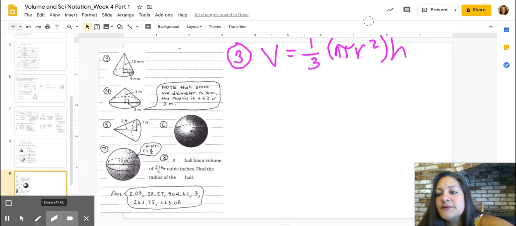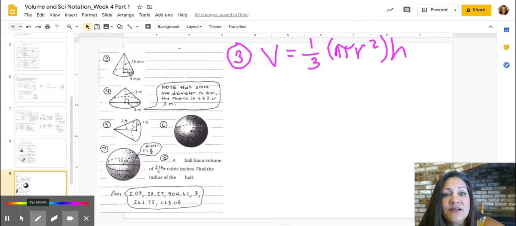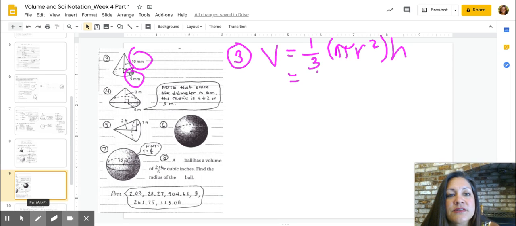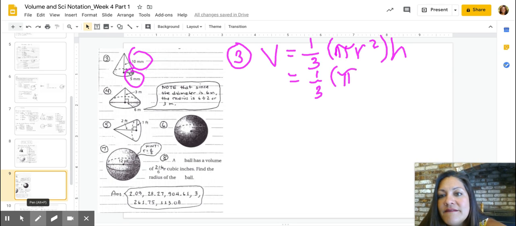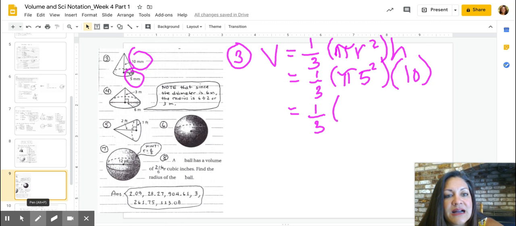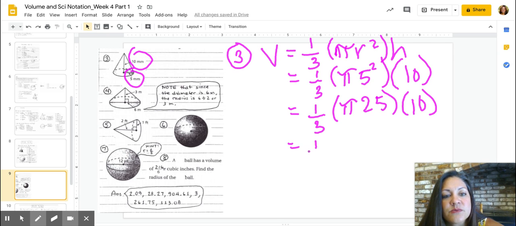All right, so let's plug in our values. I have a radius of 5 and a height of 10 millimeters. 1/3 times pi times 5 squared times 10. And we're simply going to solve 1/3 times pi times 25 times 10.